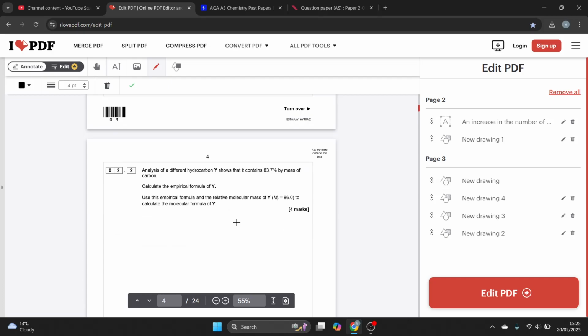Calculate the empirical formula of Y. It's a hydrocarbon that contains this much by mass of carbon, so 100 minus 83.7, because hydrocarbons are compounds containing hydrogen and carbon atoms only. So 100 minus 83.7 is 16.3.